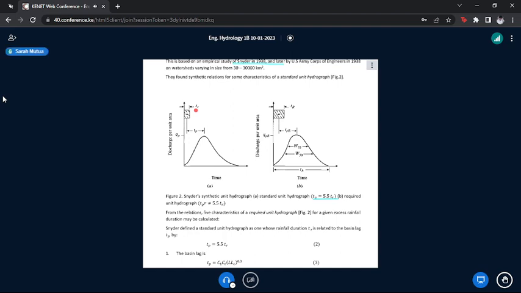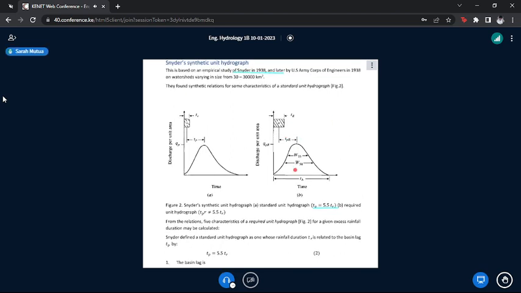And for the required hydrograph, the basin lag, and notice the basin lag starts from the centroid of the rainfall pulse to the center of the peak of the hydrograph.